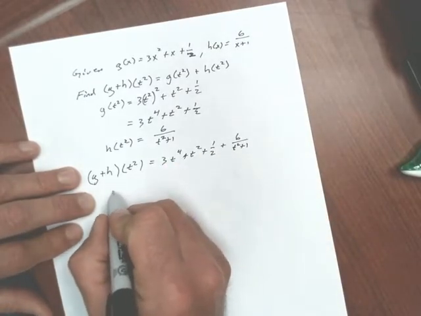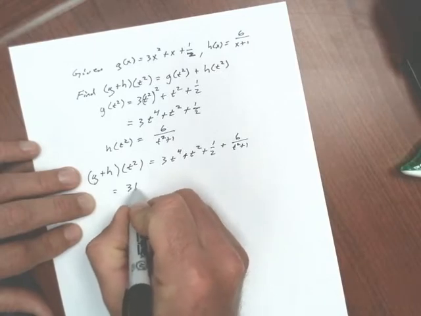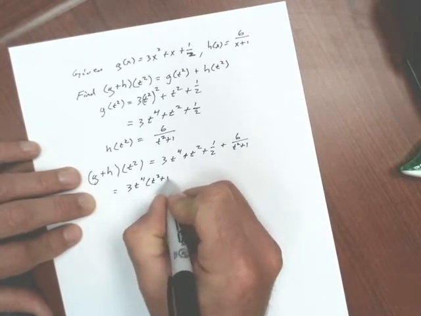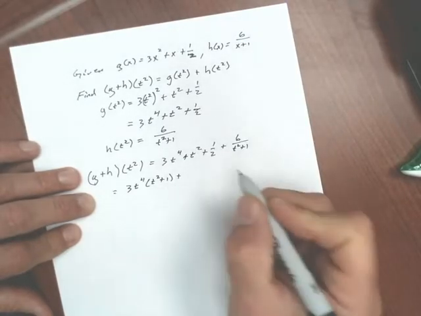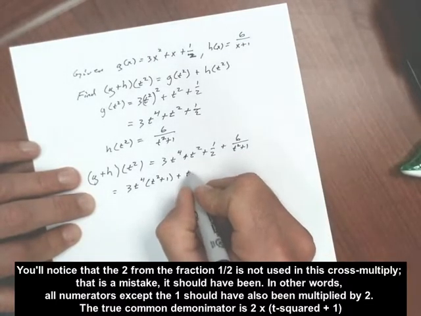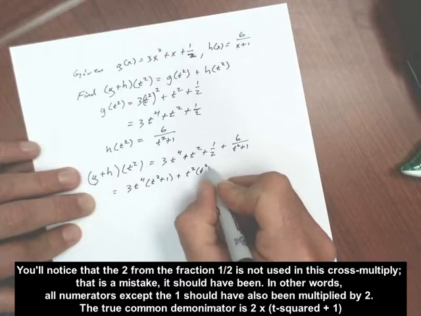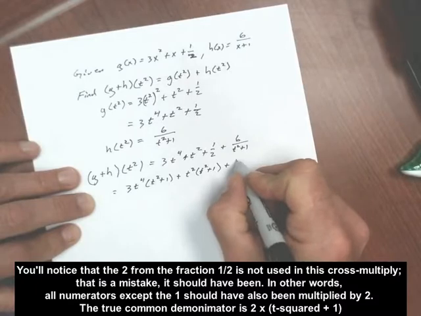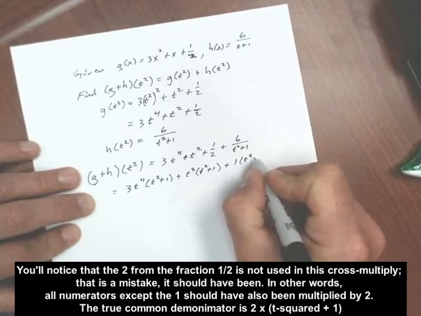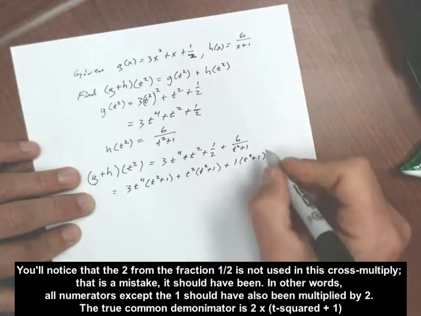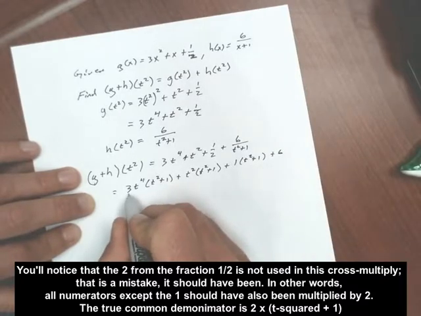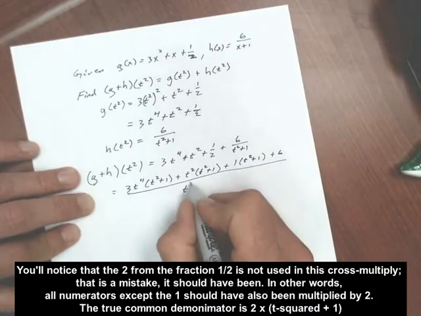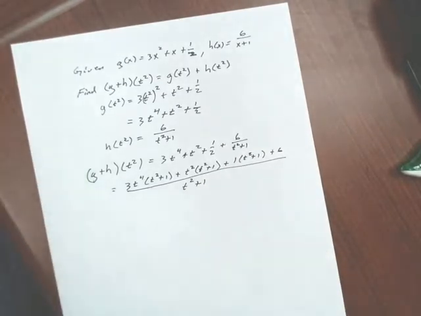Okay, so what do we get? We get 3t to the 4th times t squared plus 1, plus t squared times t squared plus 1, plus 1 times t squared plus 1, plus 6. All that is going to be over the common denominator of t squared plus 1.